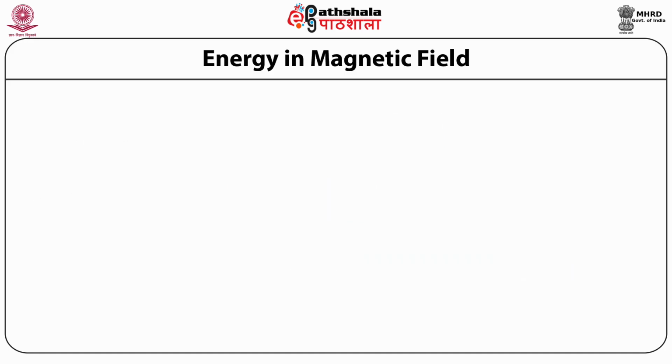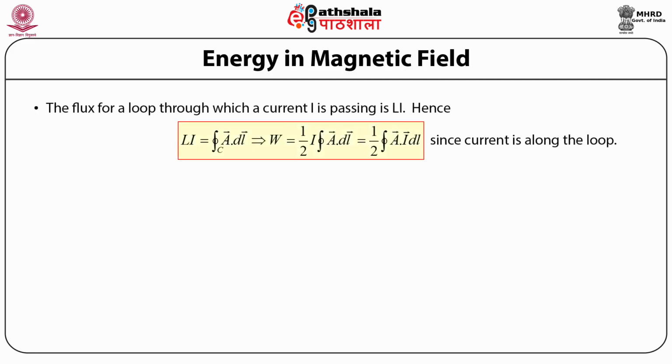Energy in the magnetic field. Once we have defined the flux for the loop through which a current I is passing, then this flux, using the definition of self-inductance, is equal to LI. That means that phi is equal to L times I, where L is the self-inductance of the coil and I is the current flowing in the coil.